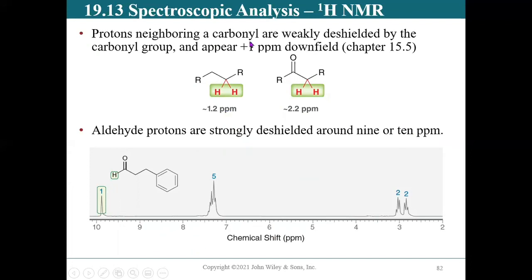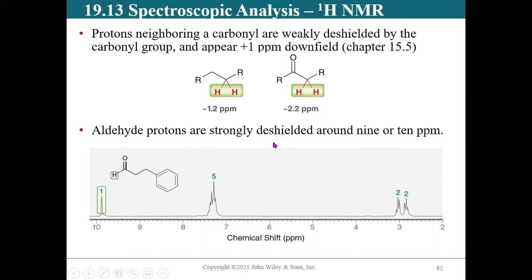Protons neighboring a carbonyl are weakly deshielded by the carbonyl group and appear about 1 ppm downfield. Compare this with the CH2 in an alkane, where the chemical shift is approximately 1.2 ppm. Now with the nearby carbonyl, the chemical shift is downshifted by approximately 1, so 1.2 ppm becomes 2.2 ppm.